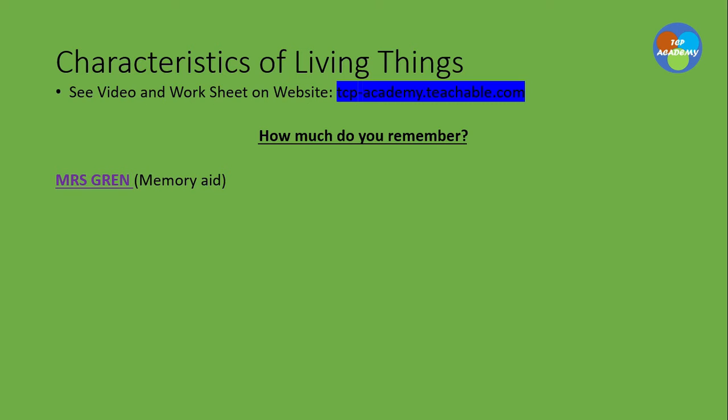The memory aid Mrs. Gren is used to remind us of the characteristics of living things. First being M there for movement and locomotion, which are not pretty much the same. They are somewhat different in that movement is a term that is usually used correctly when referring to plants.